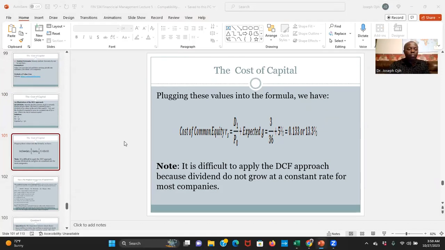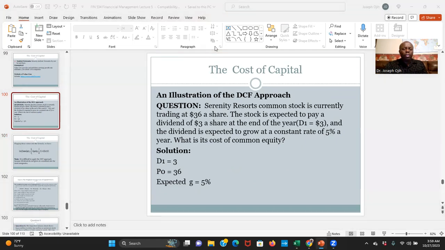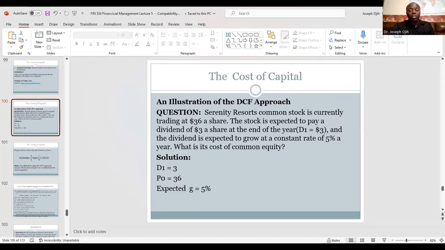We have all the information here. Remember, this is for Serenity Resorts, the stock is trading at $36 per share, the dividend is $3 per share, which is a good dividend, by the way, and of course, the growth rate is 5%. So let's put them in Excel and get our answer.